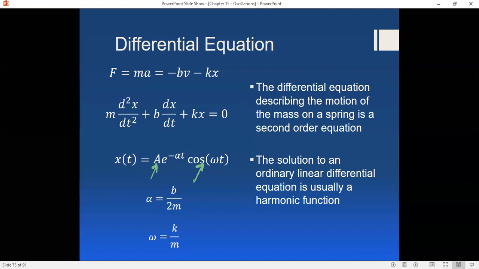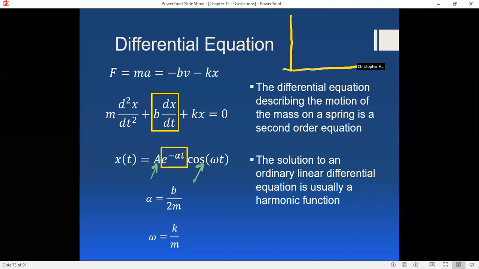What this additional term does, okay, this drag term, here's our drag term right there, it adds this decaying exponential, okay? Adds that decaying exponential. And if you remember, a decaying exponential, e to the negative some constant x. When we graph that, it looks something like this.